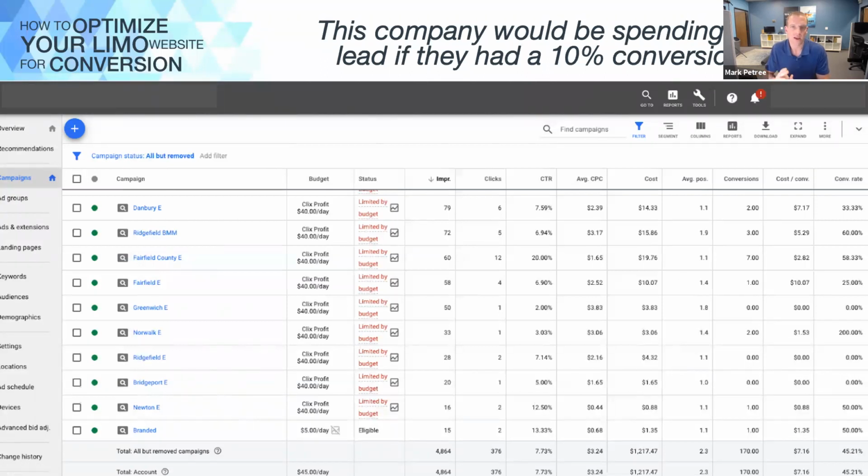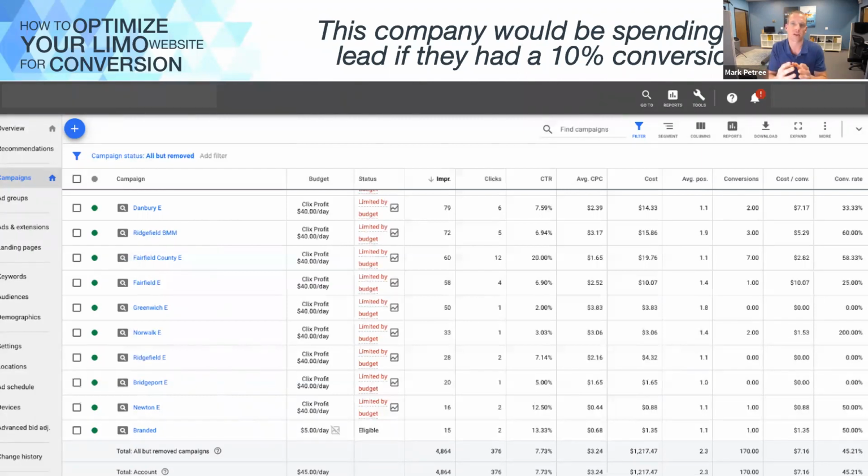$32 per lead, because we have to remember, not every one of those leads is going to convert into a customer. Let's say that 1 in 5 of those leads converts into a customer, okay? And that would be a pretty good lead to sale conversion rate. Then at $32 times 5, that would be $160 for a new client acquisition cost, right?